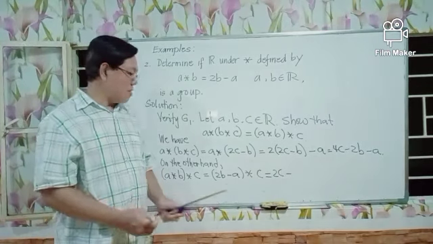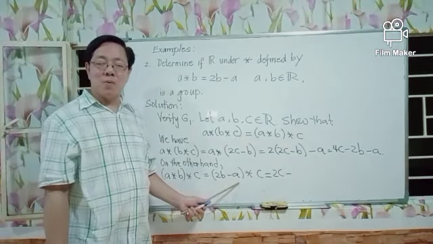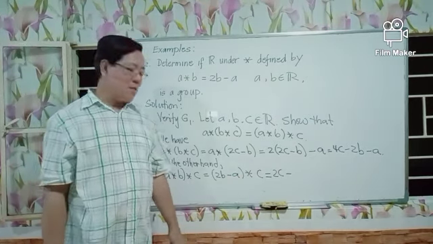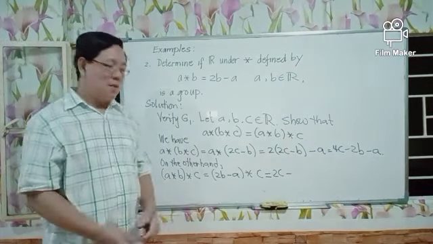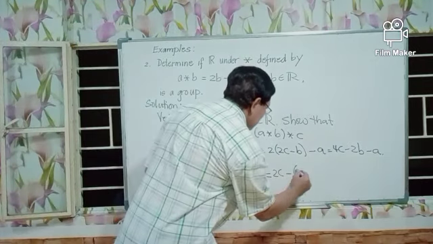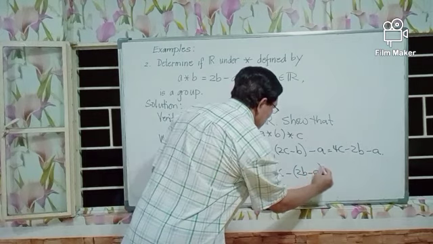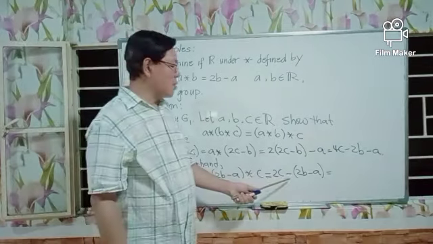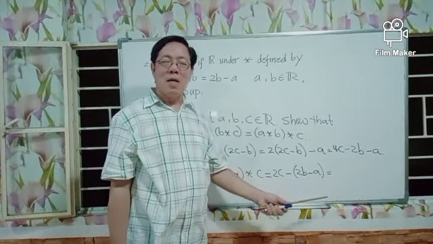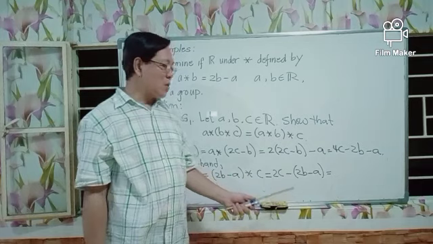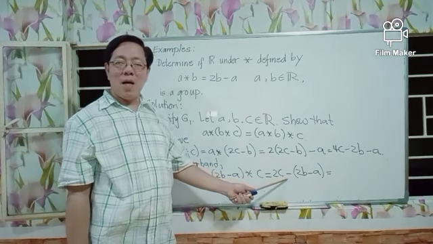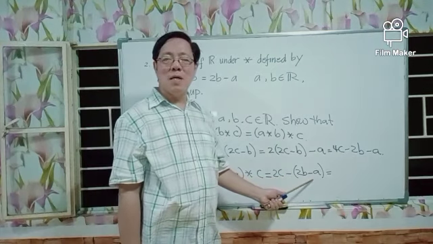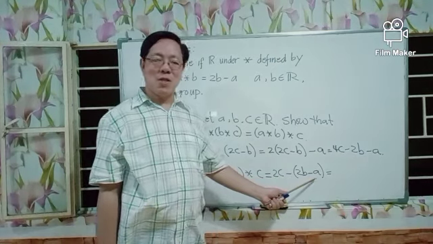And because this has two terms, we write 2c minus (2b minus a). Again, we simplify by removing the grouping symbols, and we apply the left distributive property of multiplication over subtraction or addition.